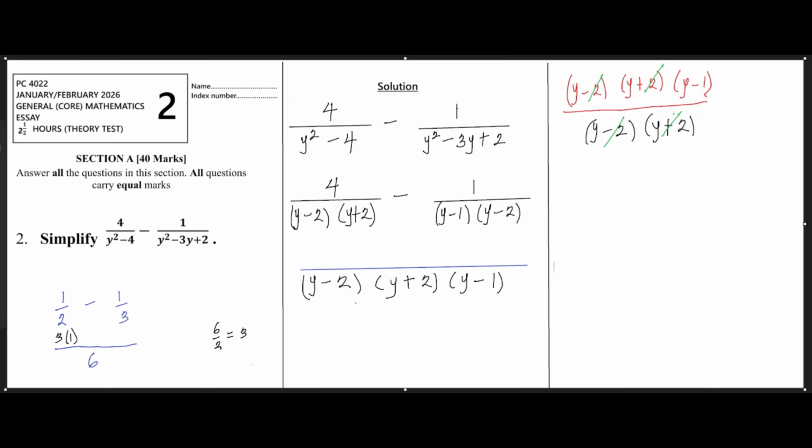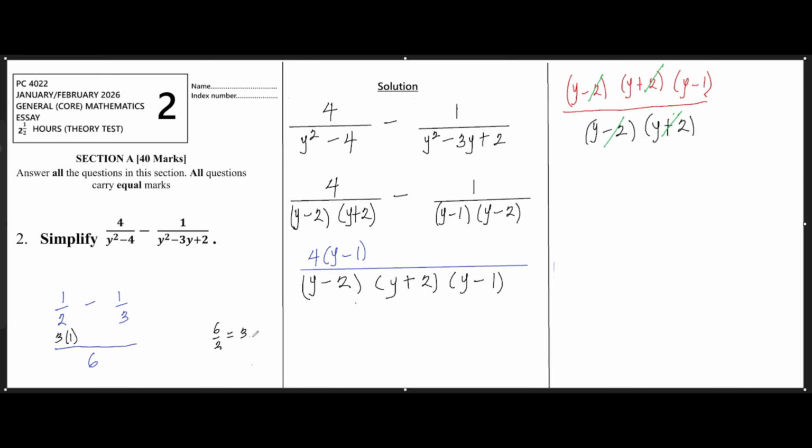So we are going to multiply this numerator, which is 4, by y minus 1, as we did for the normal fraction. We divide the LCM by the first denominator.